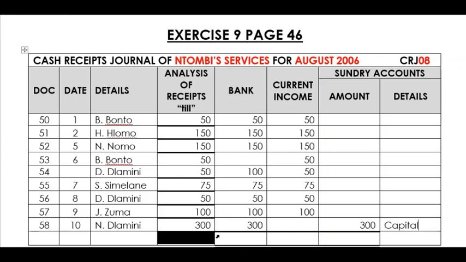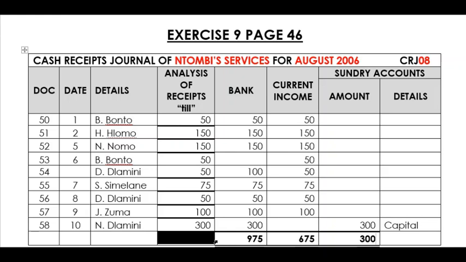And then right at the end, you will have to total your columns. Remember, we don't total analysis of receipts because all of the money from our till should have been banked. There shouldn't be any money left in our till. Okay, so the first column that we total is the bank column, which totals to 975. If you total the current income column, it will total to 675, and then the sundry accounts column will total to 300.